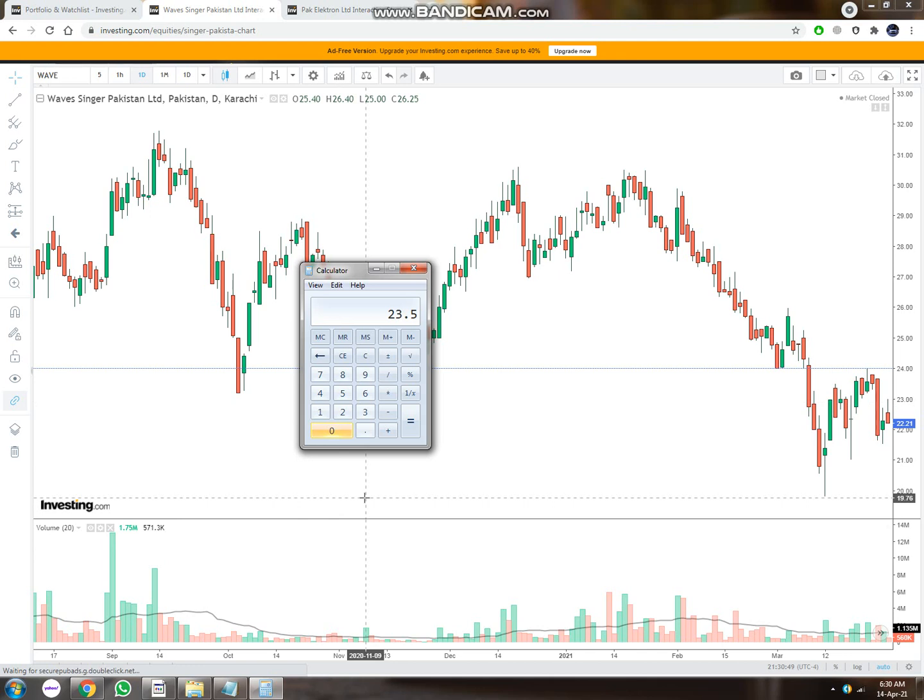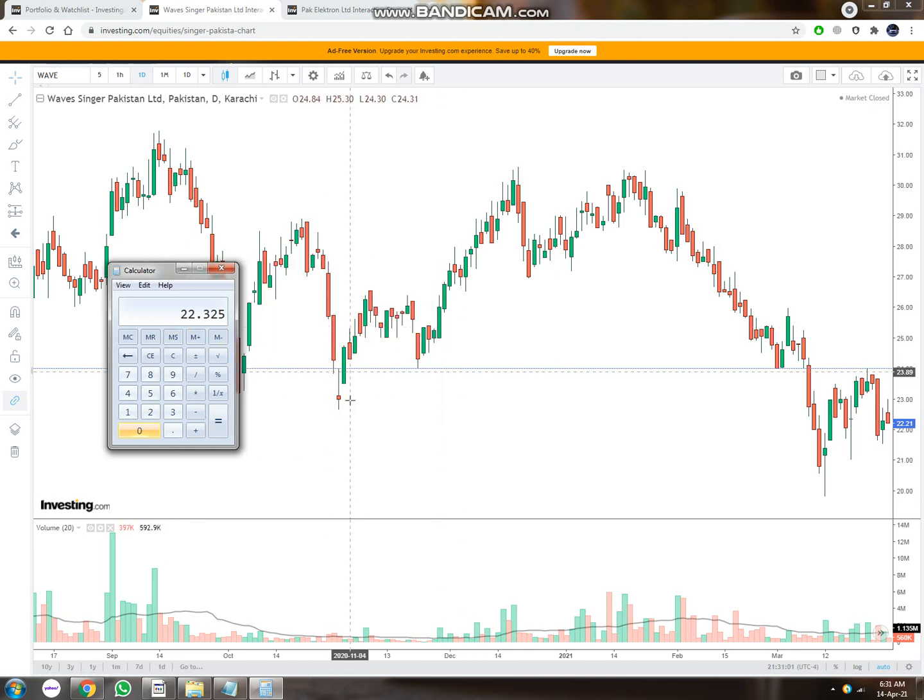Now let's say you want to sell your stock with a 5% loss, so multiply it by 0.95. You would sell it at 22.32, which you can see it closed at, where is it? It closed at 23. So you already sold your stock at this level, at this point.